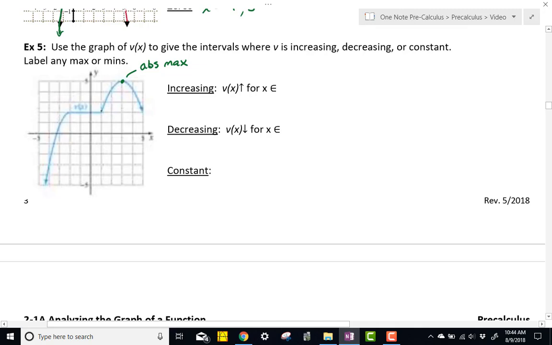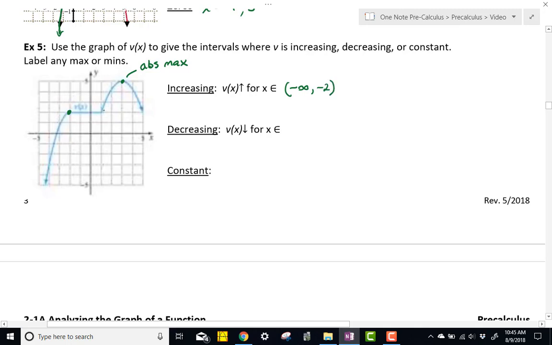Okay? So, where are we increasing then? We are increasing always on the left up until this point right here. So when x is in the interval from negative infinity all the way to negative 2, we are increasing.